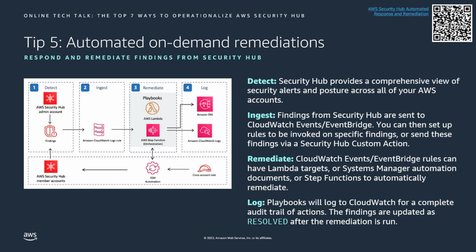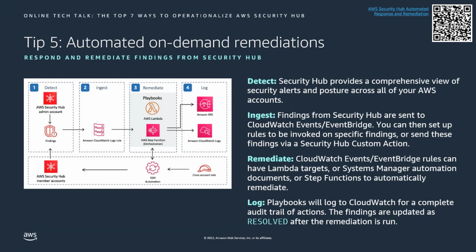And so when you click the remediate with SHARR button in Security Hub after deploying the process, you'll be ingesting the finding detail into a Lambda function or playbook using this CloudWatch event rule. And then the playbook or the Lambda can assume a role into a managed account and automatically remediate the finding.